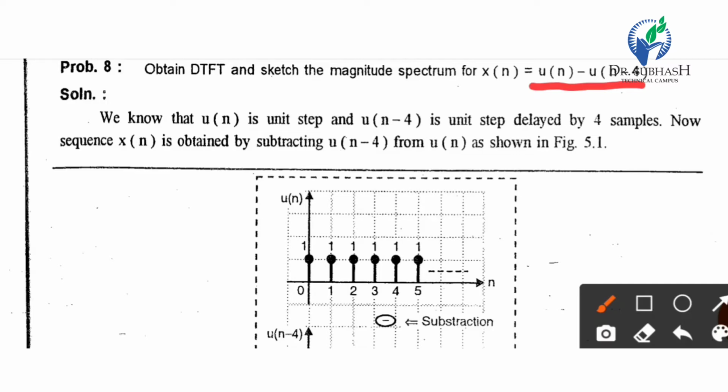It means from 0 up to infinity all the values are 1, and u of n minus 4 is a unit step delayed by 4 samples. Now the sequence x of n is obtained by subtracting u of n minus 4 from u of n.